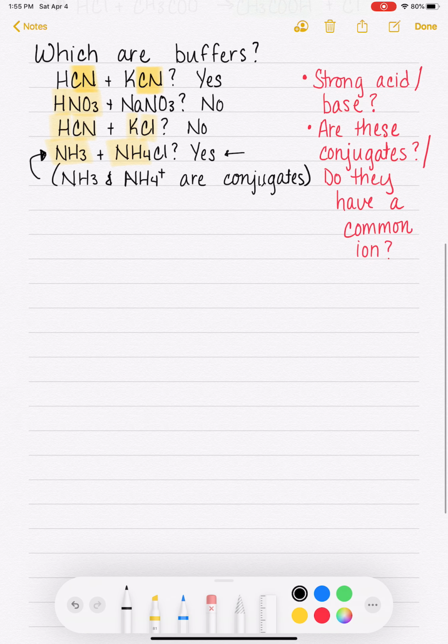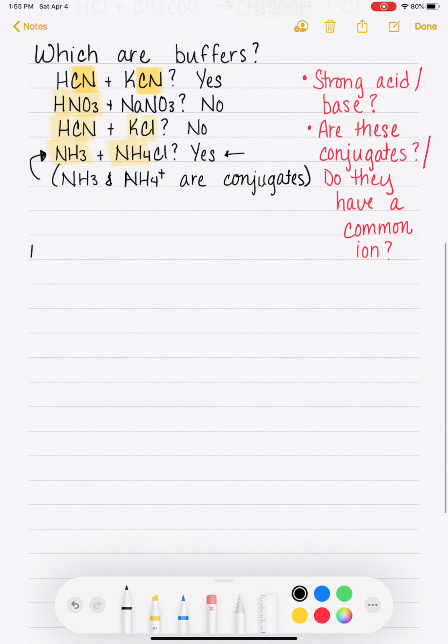All right, here's another example, a type of calculation that you're going to need to be able to do.